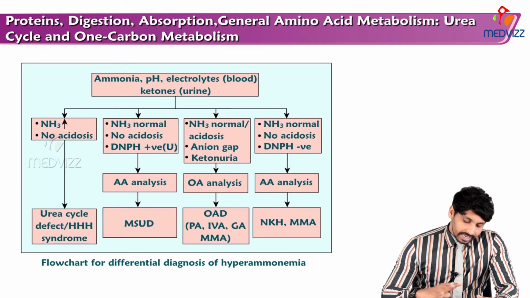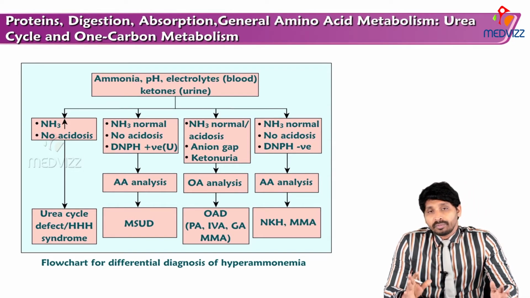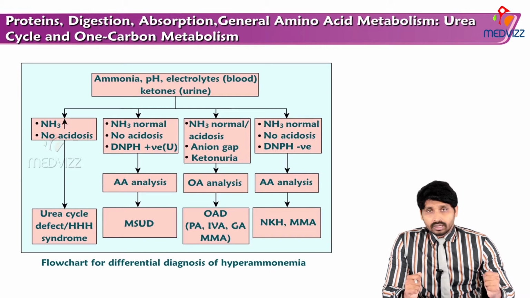Here is a schematic flow chart showing the differential diagnosis of hyperammonemia, because ammonia is toxic compared to urea. It is a life-threatening condition.